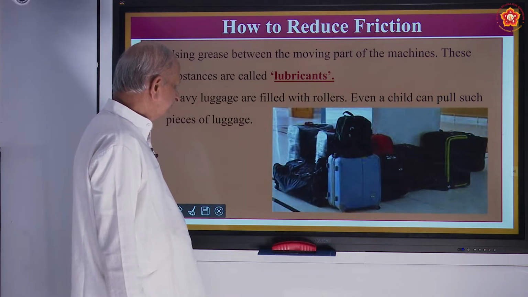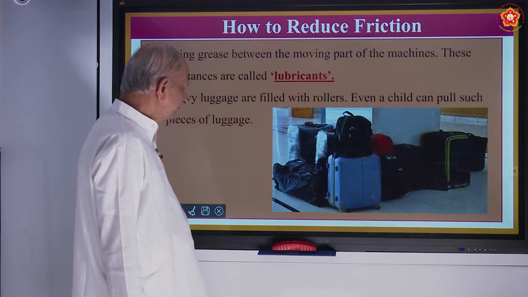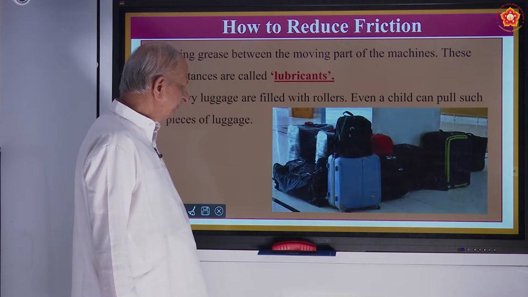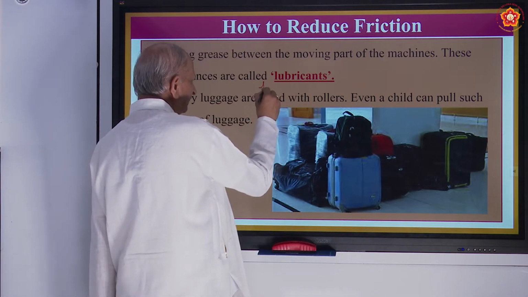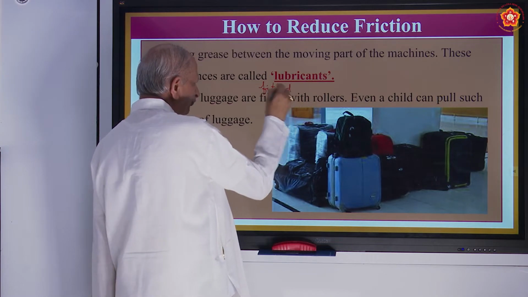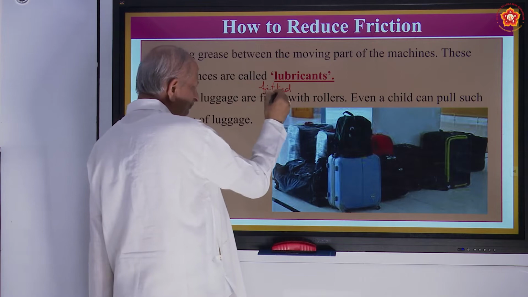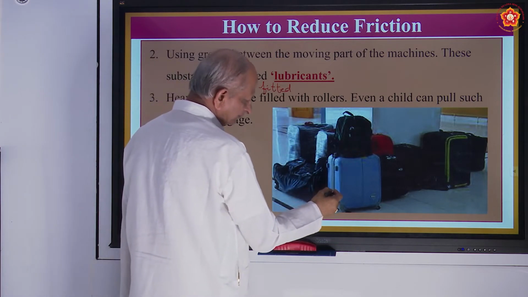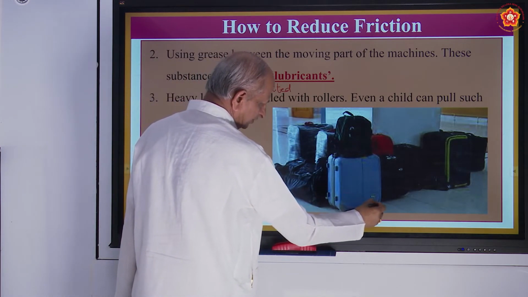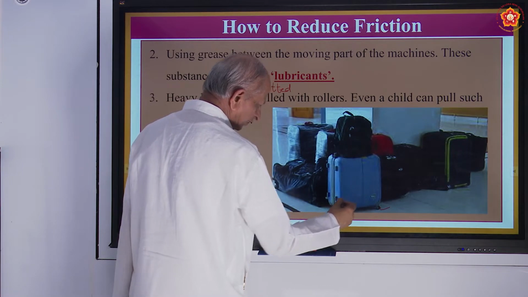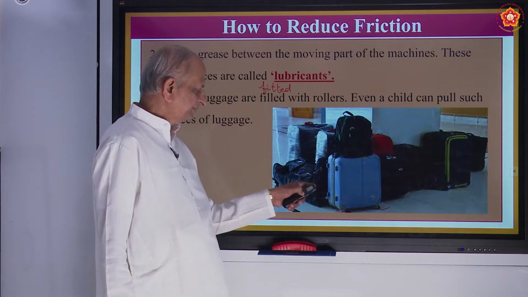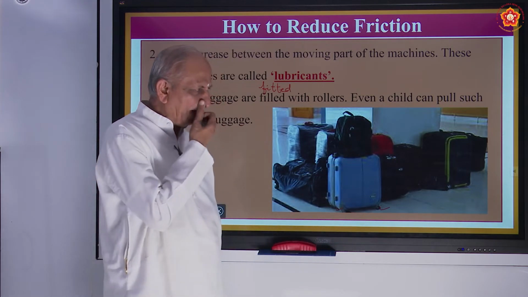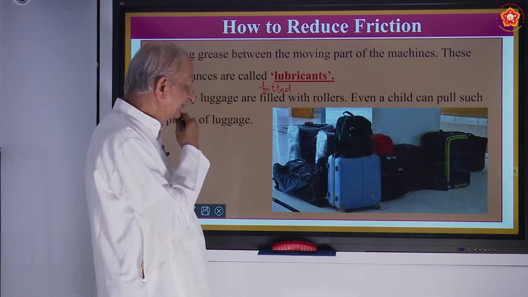Heavy luggage is fitted with rollers. So they are fitted, not filled, fitted with rollers. So what are rollers? The tires, this is called tires. There will be 2 tires. So for heavy bags and suitcases, etc., there will be rollers.